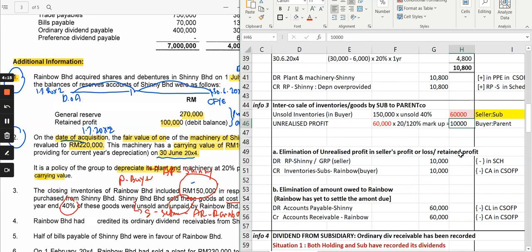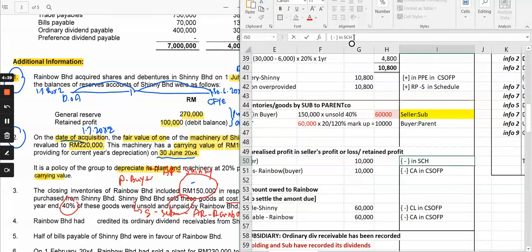So that 10,000 is the unrealized profit that needs to be removed. So you will debit the retained profit of the seller. The seller here is the subsidiary, so it should be the retained profit of the subsidiary company, the seller, right? 10,000, and that will have to be adjusted in your schedule. So your schedule will adjust that as well.